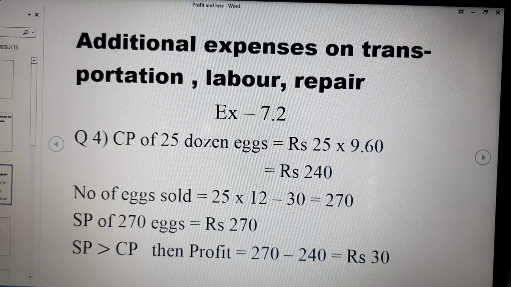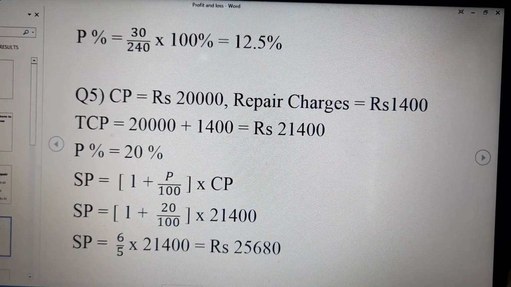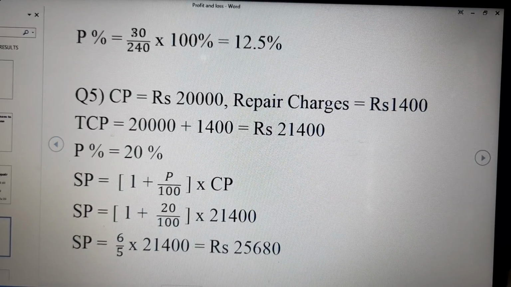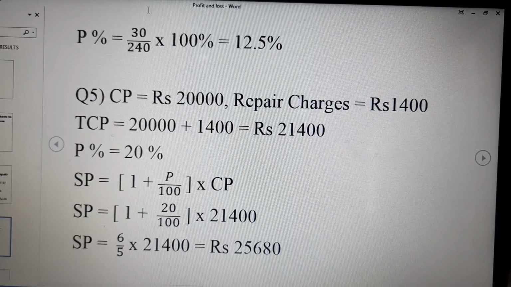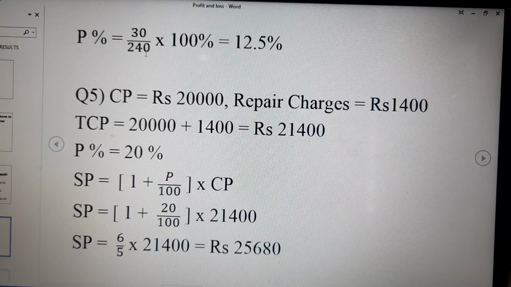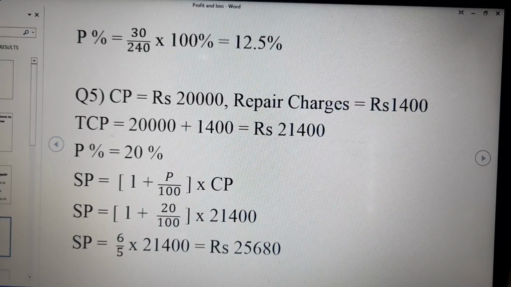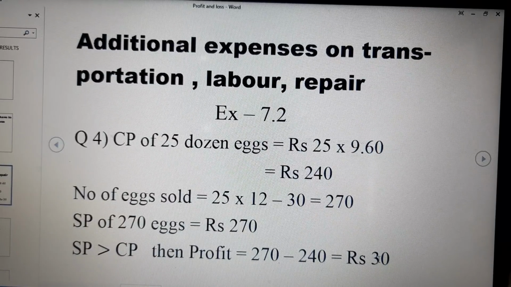We have to calculate profit percent also. So profit percent is equal to, the formula says, profit in rupees divided by cost price into 100%. So profit is 30 rupees. Total cost price is 240. Clear? As you can see in the previous one, cost price is 240 and profit is 30.